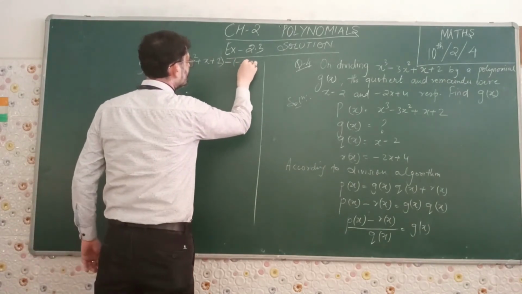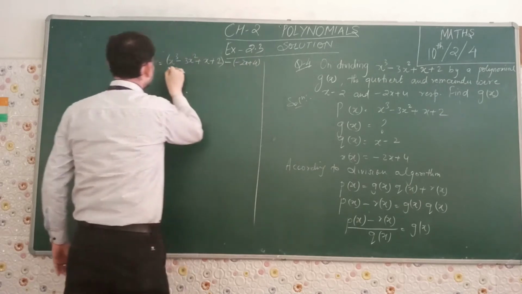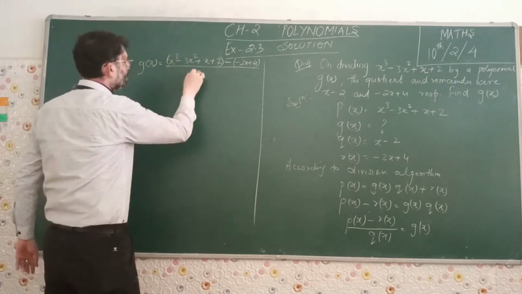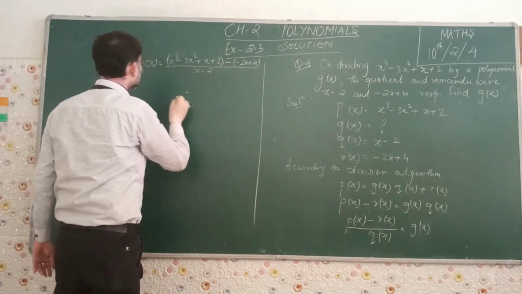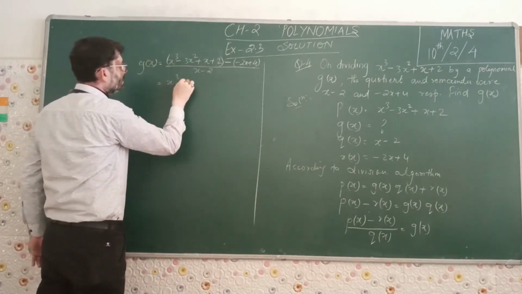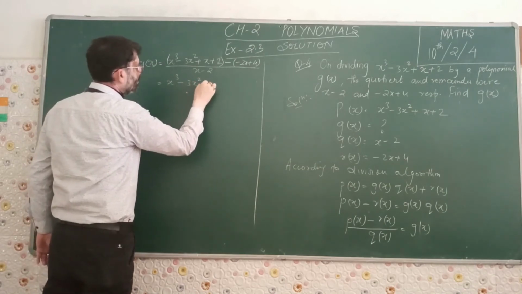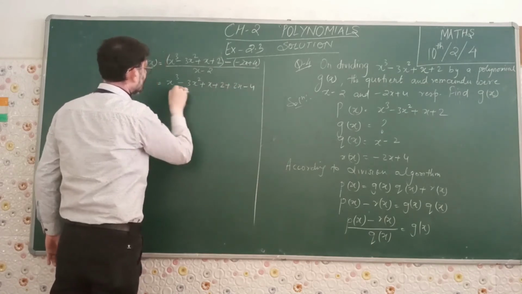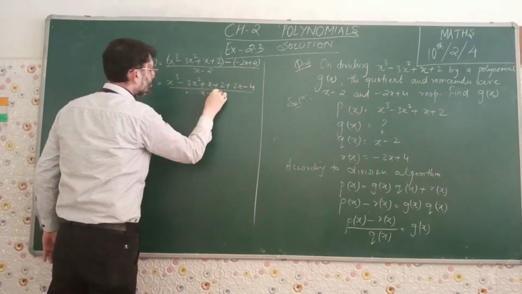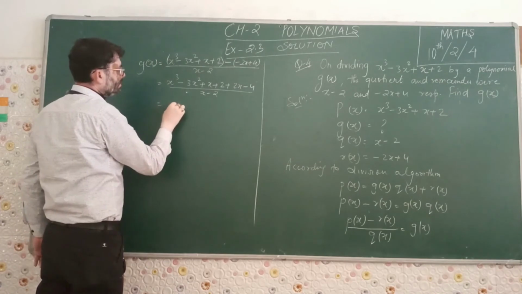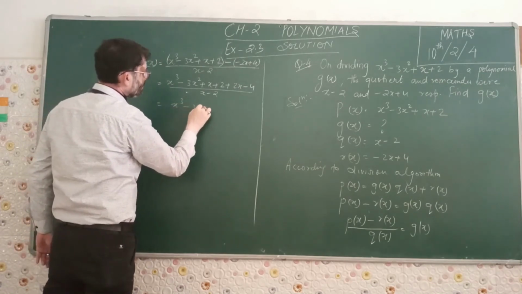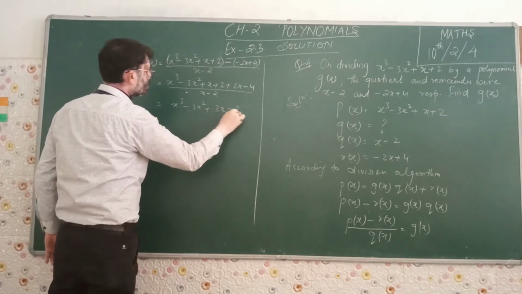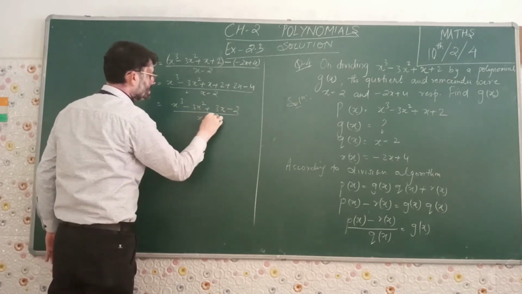So minus 2x plus 4 and whole divided by q of x, that is given by x minus 2. Let us simplify it. This is x cube minus 3x square plus x plus 2 plus 2x minus 4 whole divided by x minus 2. And this is equal to x cube minus 3x square plus 3x minus 2 by x minus 2.